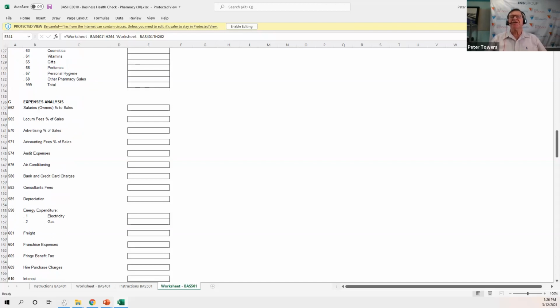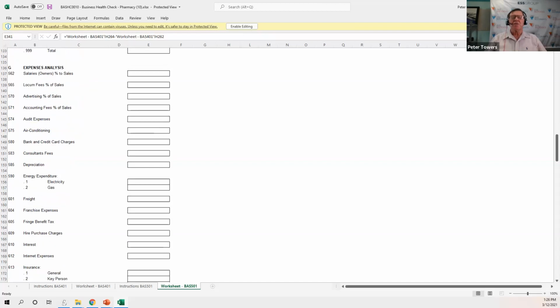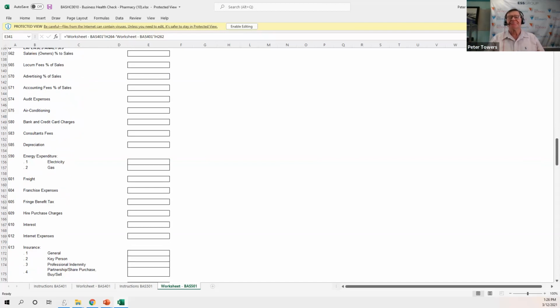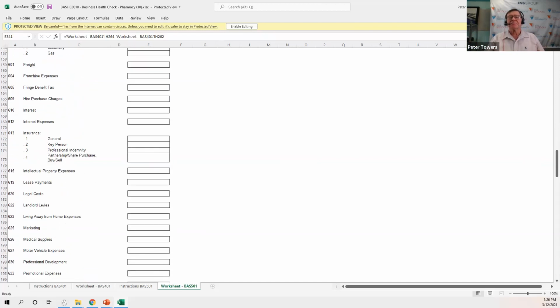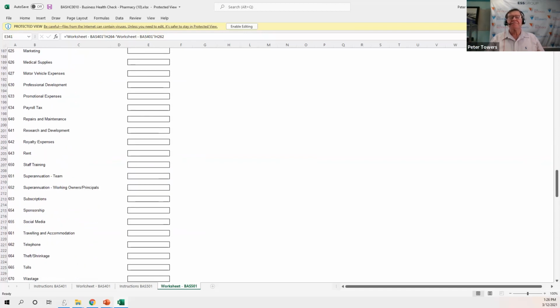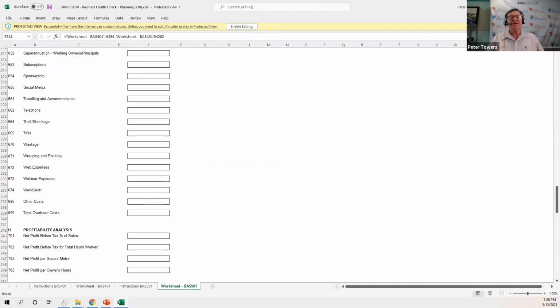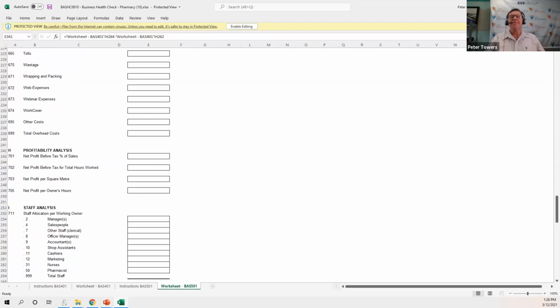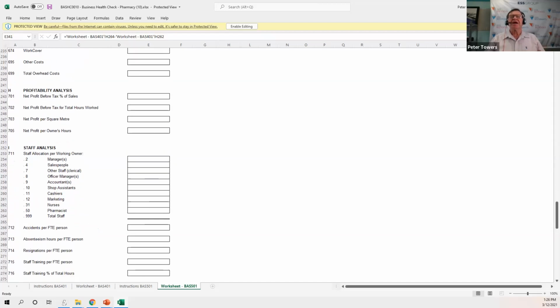Very important for clients to understand the allocation of their sales income to various expenses. Because what they should be asking is, how can we reduce those expenses? So you've got that information readily available. And once the information's inserted in BAS 401, this information is produced. The profitability analysis.